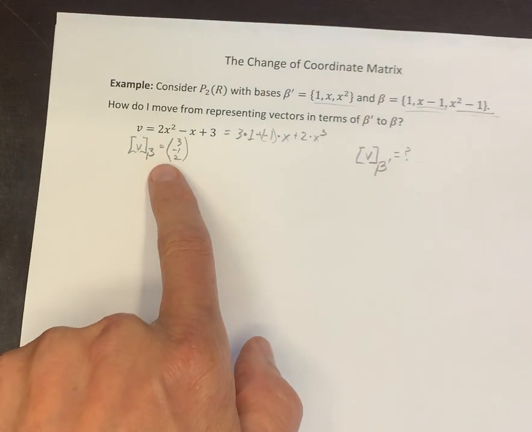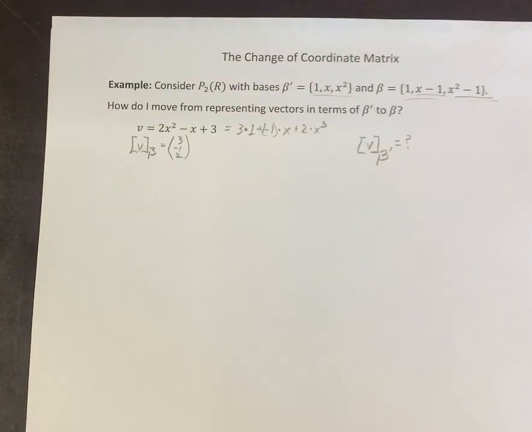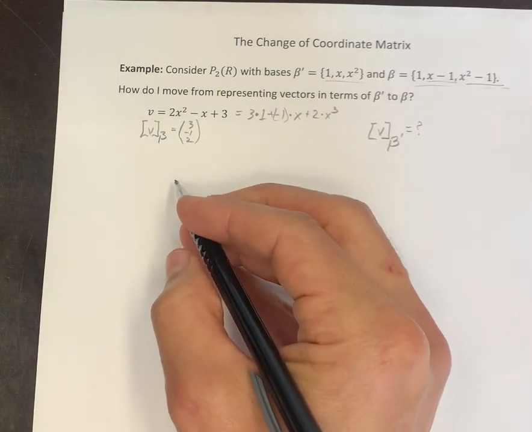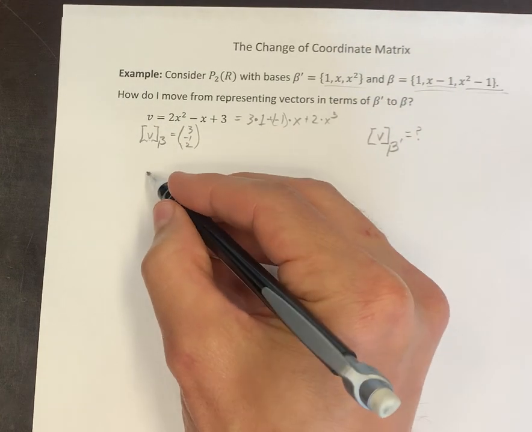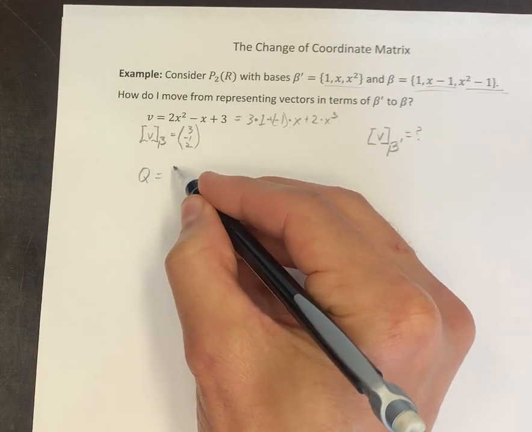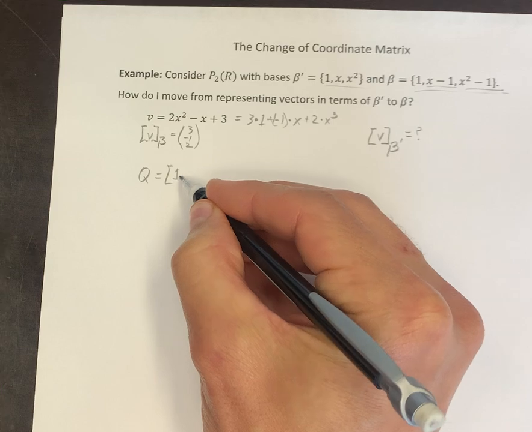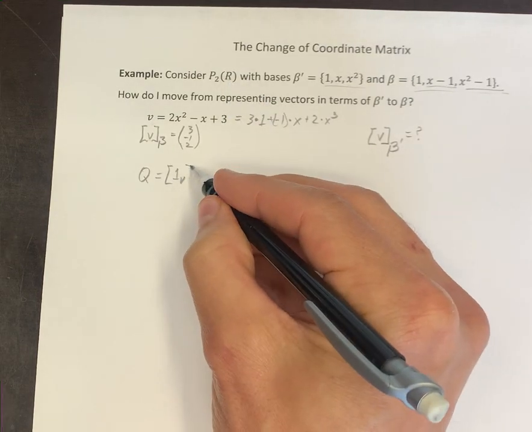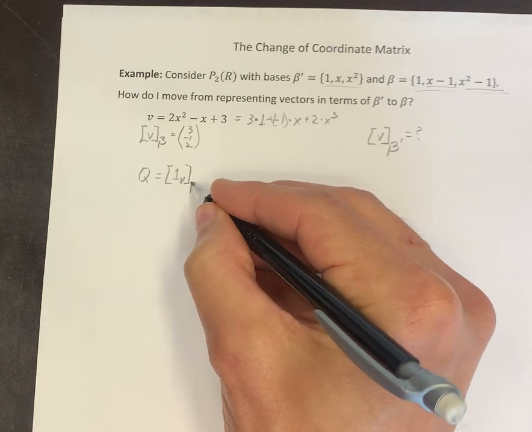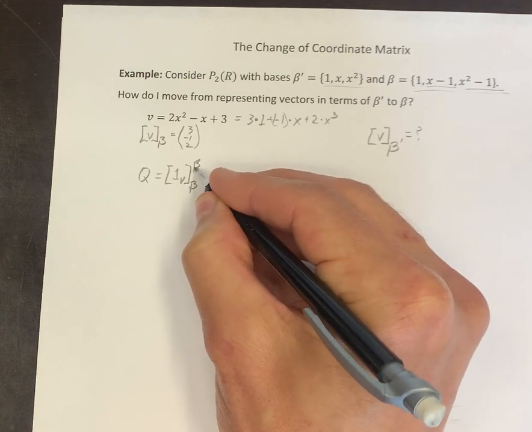Let's imagine you had, say, thousands of elements and you wanted to convert them from one to the other. And the answer is yes, you can do it. And in fact, all you'll need is this special element, Q, which is defined to be the identity map on your vector space going from beta prime to beta.